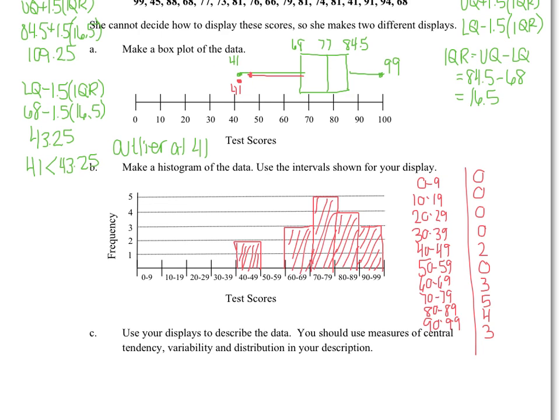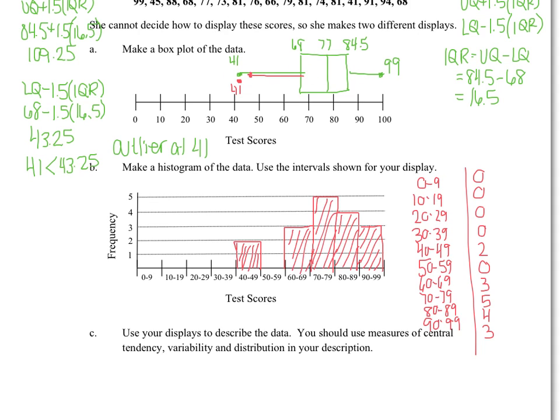I also know that this was an outlier if you calculated that. It also tells me my first quartile score was 68. Tells me my median was 77, tells me my third quartile score was 84.5, and it tells me that my highest score was 99.